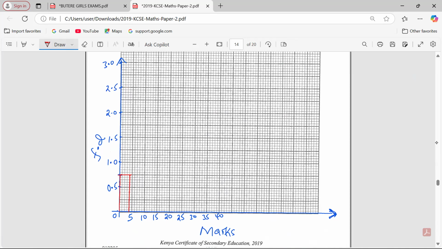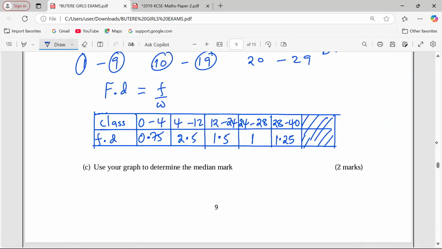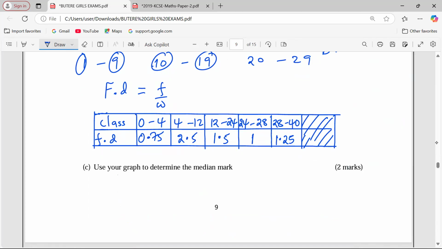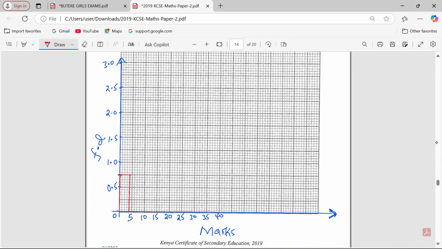The second class is starting from 4 all the way to 12, and the height is 2.5. 12 will be here.